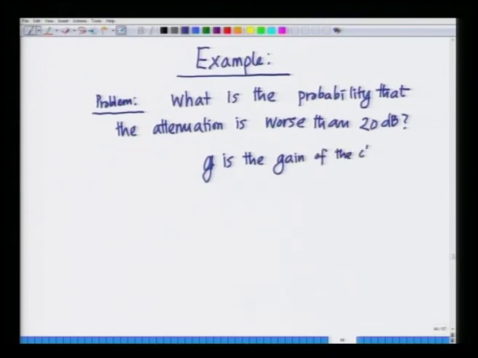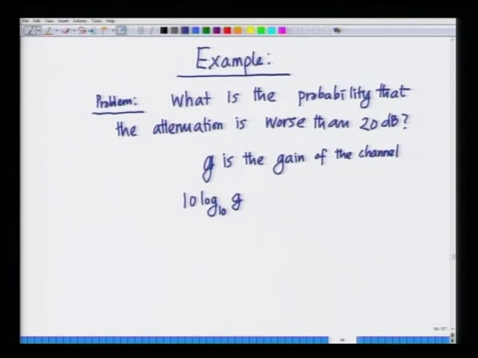We know that the attenuation is 10 log to the base 10 of G, because G, remember, is the gain in power, G equals a square.